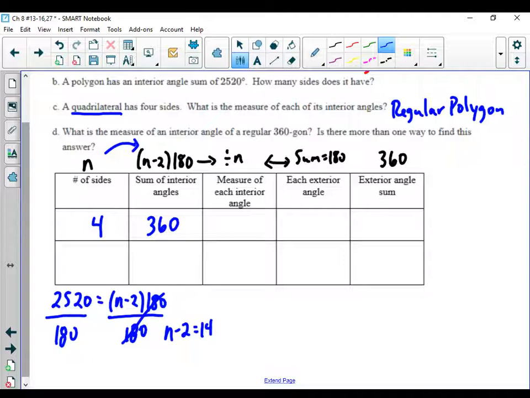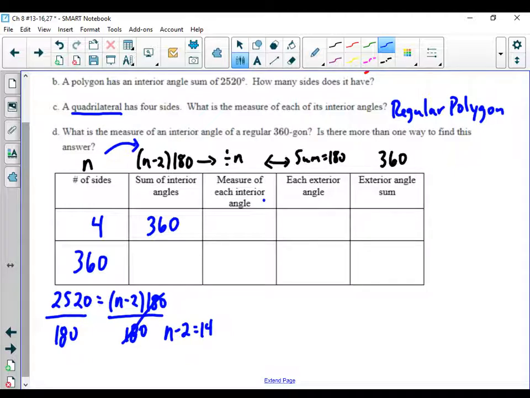All right, part D. What's the measure of an interior angle of a regular 360-gon? Or in other words, we have 360 sides. We want to find the measure of one of the interior angles. I can use my formula if I want to.